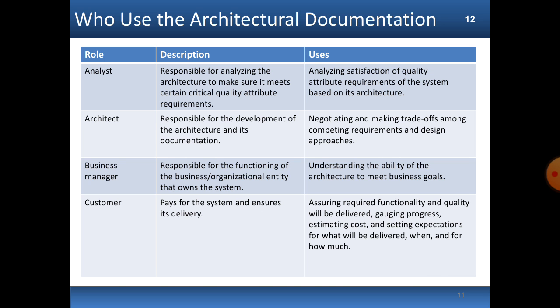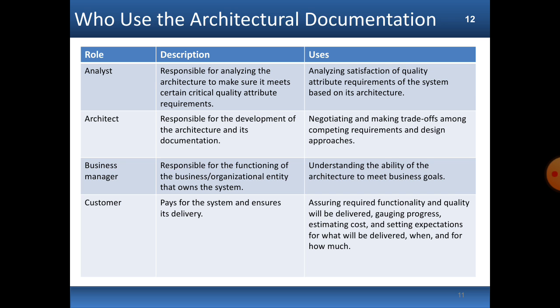So students, if we look at the analyst, the analyst is basically responsible for analyzing the architecture to assure that it meets certain critical quality attribute requirements. So it is used for satisfying the quality attribute requirements of the system, which are based on its architecture as well.